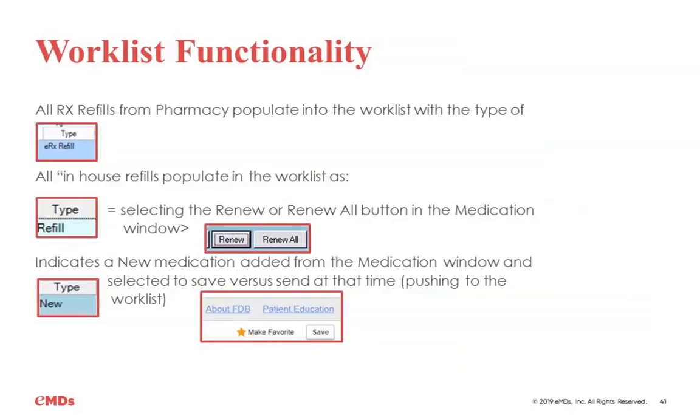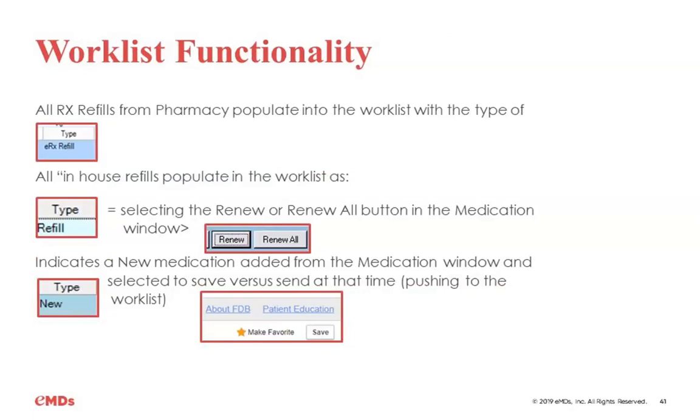So with this functionality, I wanted to show you just the different types, because the Send RX window comes in and gives us options as to what we want to do, and it's really based on the type. So we have the RX refill, and that's the type that's coming in from the pharmacy. That's the type of request we have.